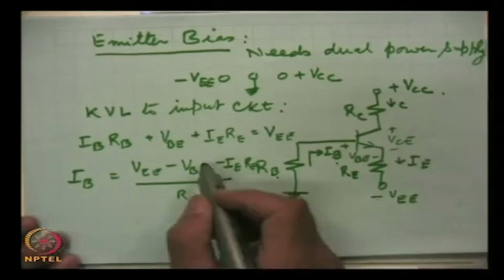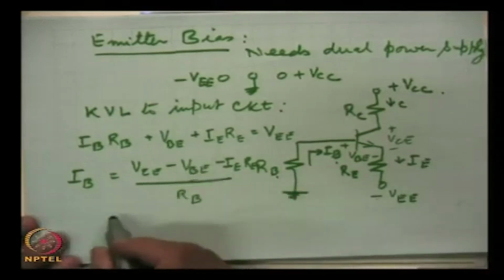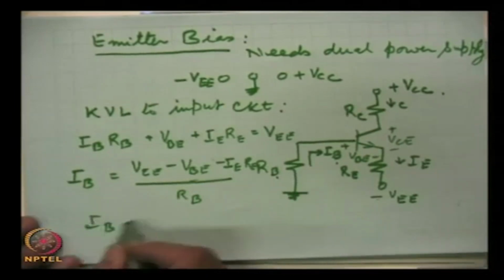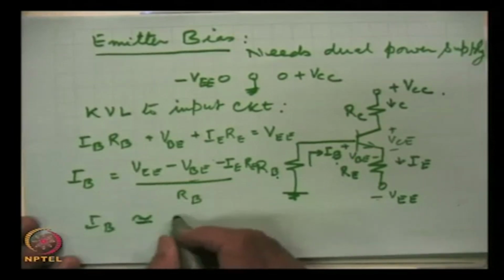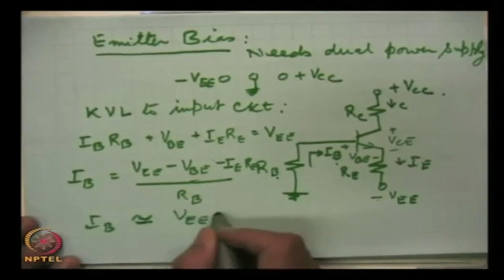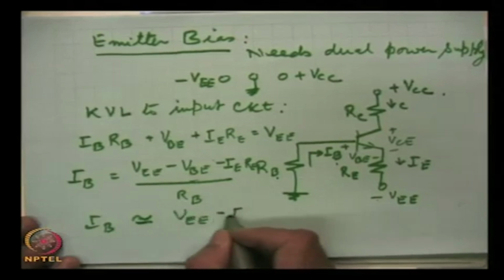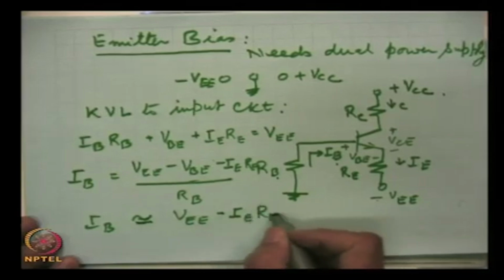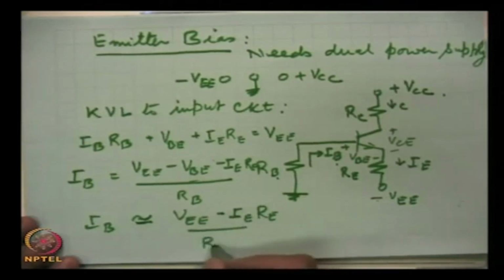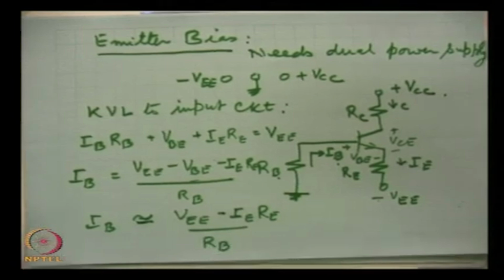Now, from here if we neglect this voltage, which is small, then IB becomes almost equal to VEE minus IE RE by RB.